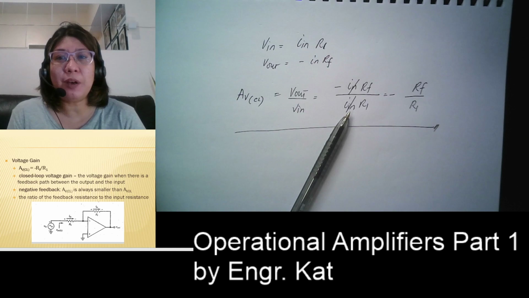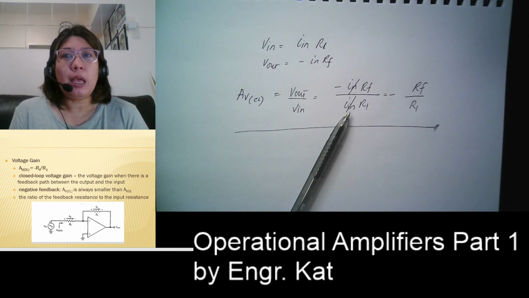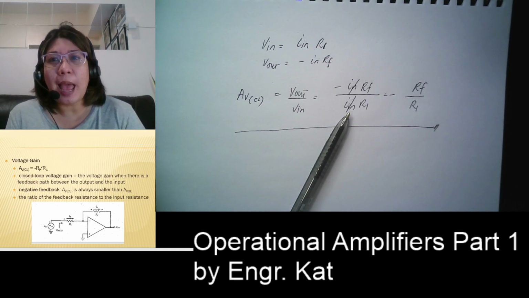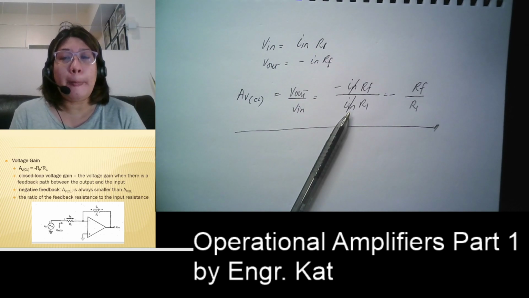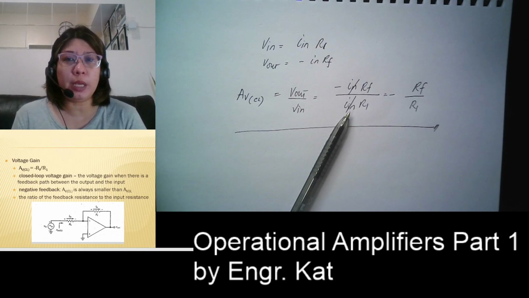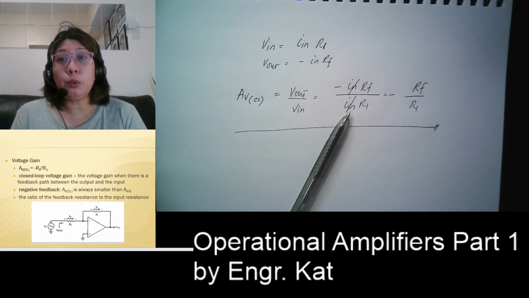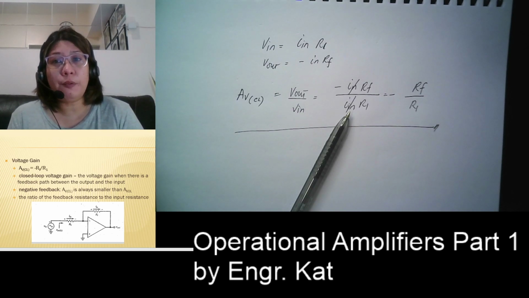For example, you are the designer and you are asked to build an amplifier wherein your output will be 50 times your input. All you have to do is get an op amp and connect a 50 kilo ohm feedback resistance and a 1 kilo ohm R1.